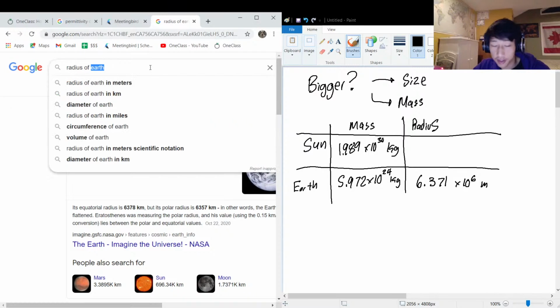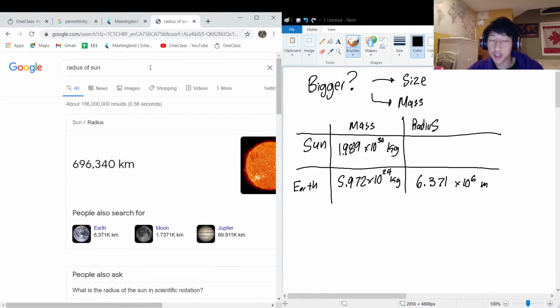And then radius of the sun. The sun is my favorite star, by the way. 6.96 times 10 to the 9 meters.